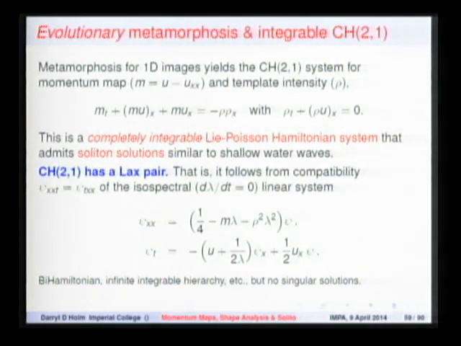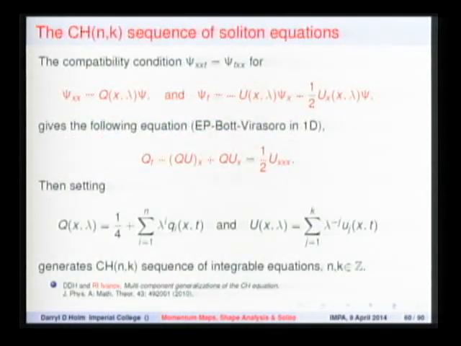And if you have it, it's not very long before you can prove that it's completely integrable. The bi-Hamiltonian structure gives you an infinite hierarchy of constants of motion and an infinite hierarchy of equations. But this one has no singular solutions. You have to make some slight change to get the singular solutions back.